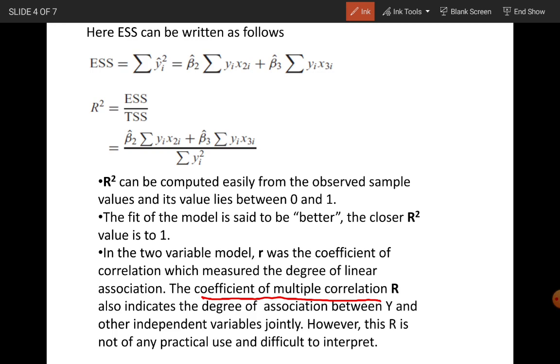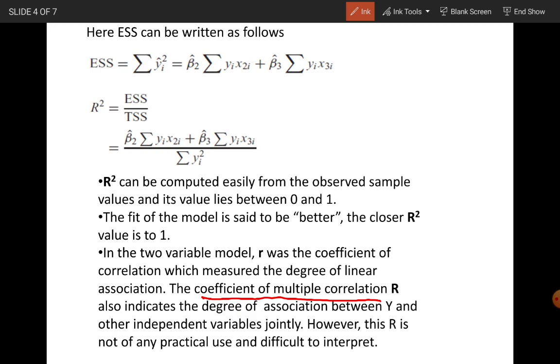What it means is that it is an indicator of the degree of association between y and x2 and x3 in a joint manner. So, although such an interpretation is possible, it is a little difficult to use.